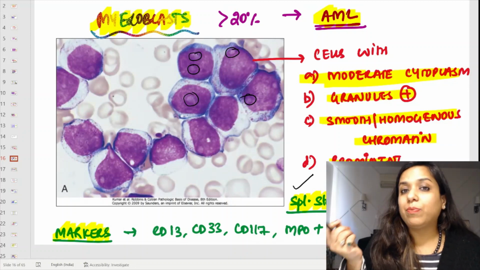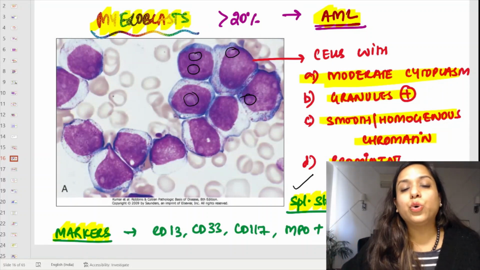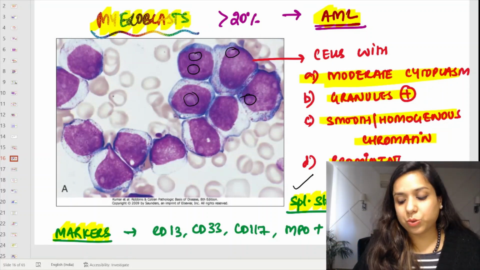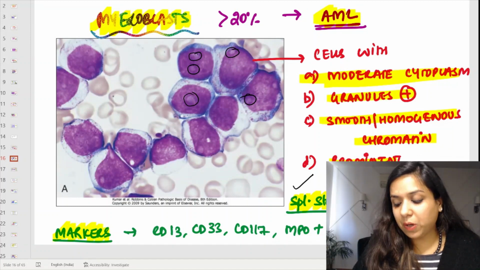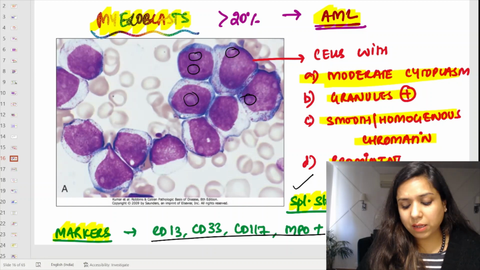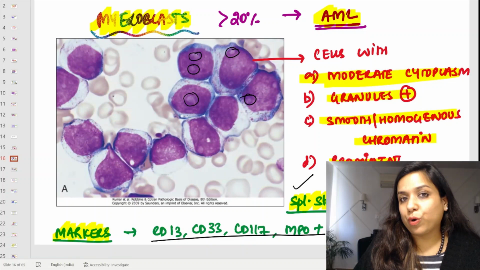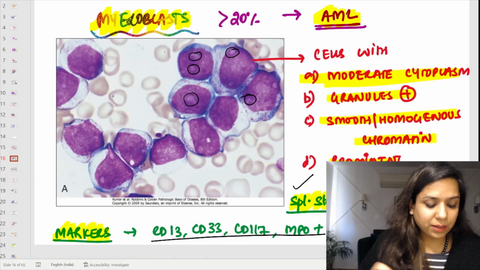Sometimes in the MCQ exam, they will tell you that the blasts are myeloperoxidase positive. You immediately think that these are myeloblasts, right? So special stains for myeloblasts are MPO, NSE, SBB, and the markers are CD13, 33, 117 and myeloperoxidase. Easy, right? Next.